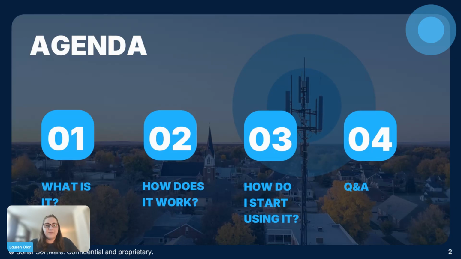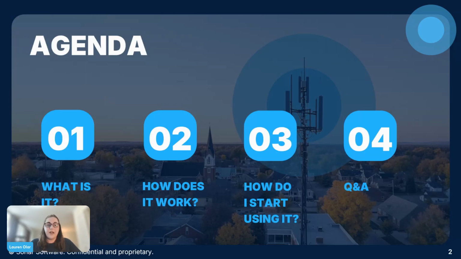For our agenda today, we're going to go through 4 main areas. First of all, I will discuss what is it? What do we mean by custom links and what might they mean to you? How does it work? I'll walk through a couple examples, some sample setups to help give you ideas and highlight their ease of use and access throughout Sonar, really.